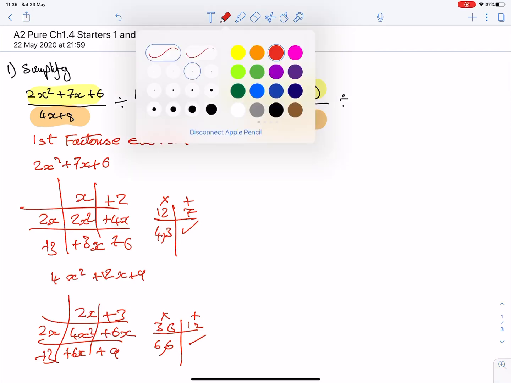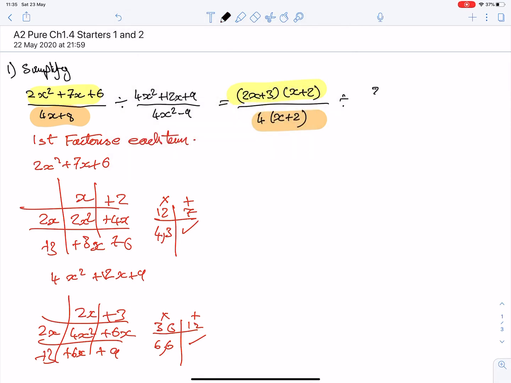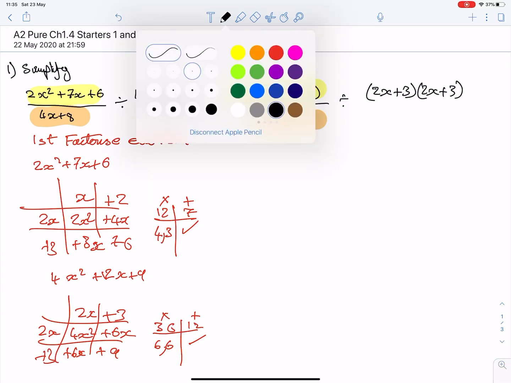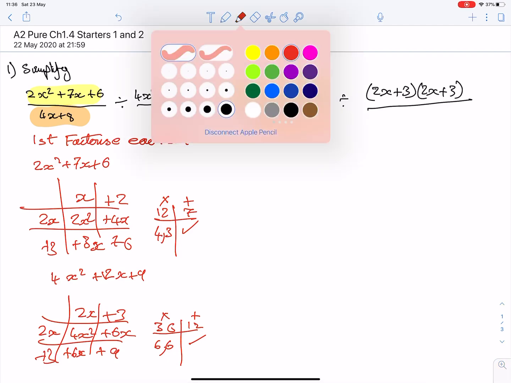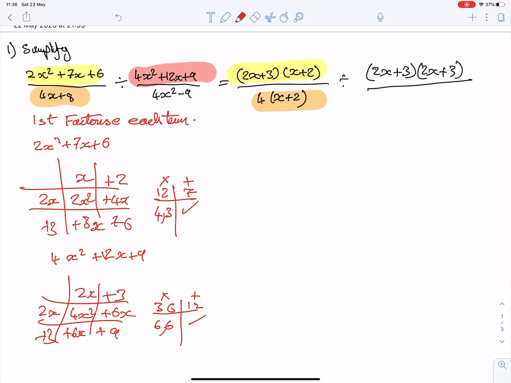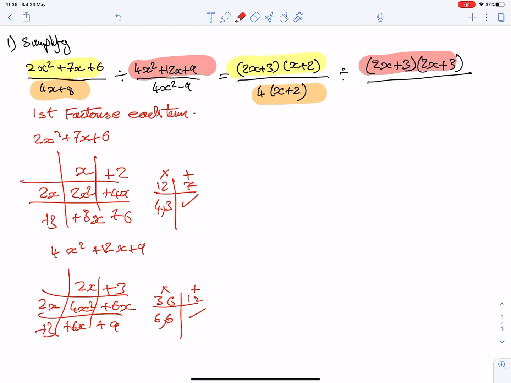So we get 2x plus 3 times 2x plus 3. And here then we've got that bit factorised.